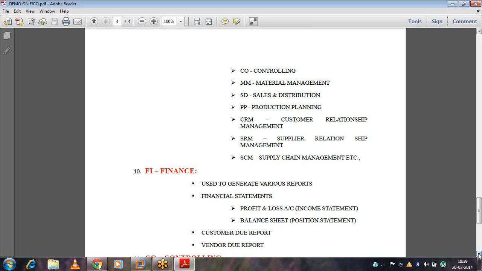Not only that, using the finance module we can generate various reports related to customers, vendors, payments, and receipts.